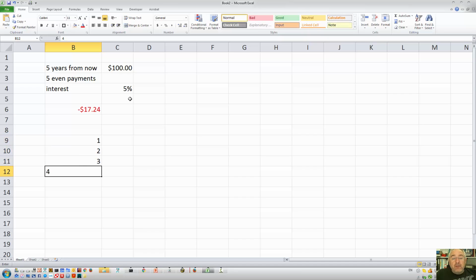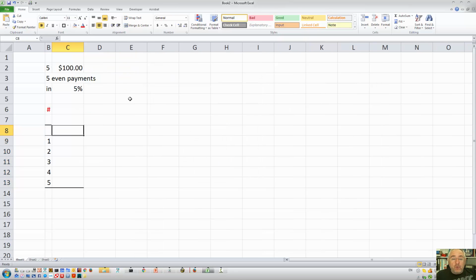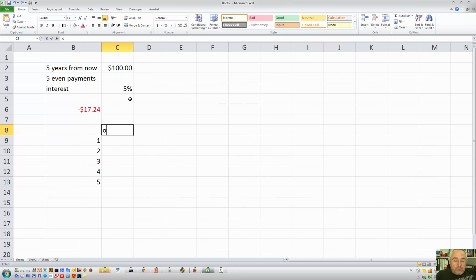So for 5 years, for each year, I'm going to have an opening balance. I'm going to earn some interest on it. And I'm going to make an extra payment at the end of the year. And then I'm going to have some closing balance. Hopefully, at the end of 5 years, I'm going to have $100.